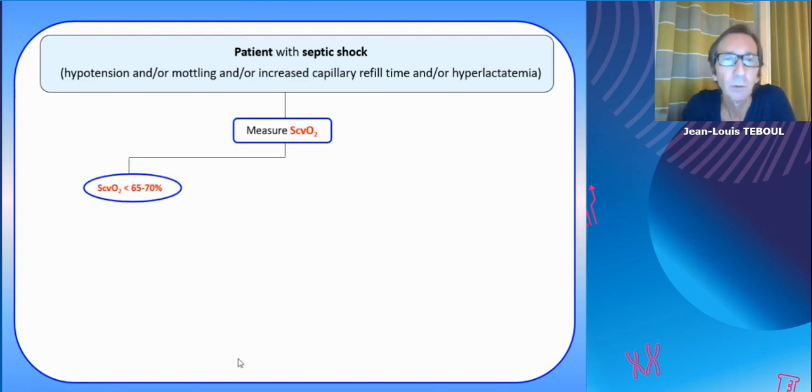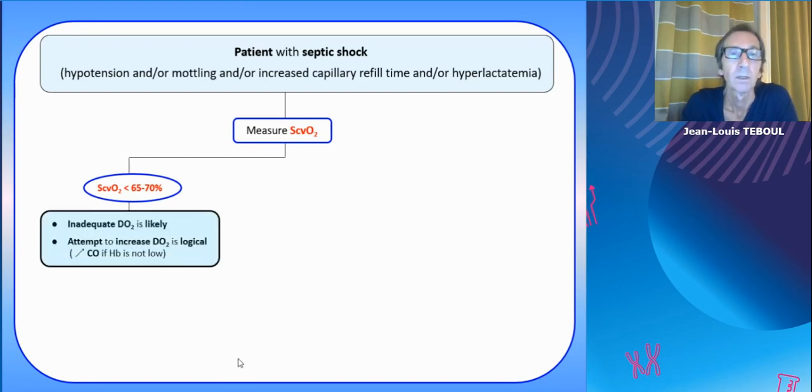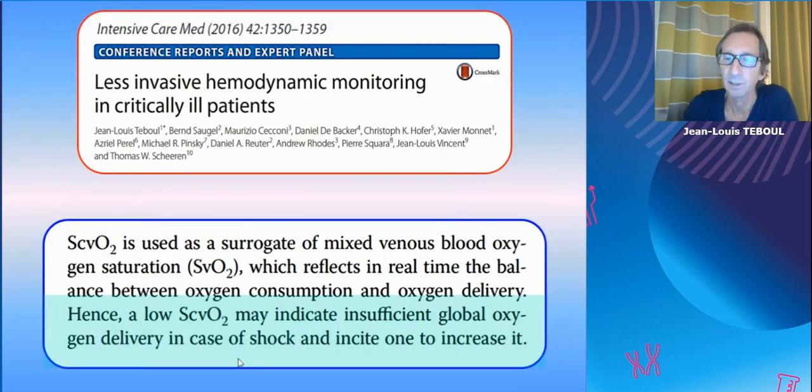If ScvO2 is less than 65–70%, inadequate oxygen delivery is likely, and an attempt to increase oxygen delivery is logical, mainly through an increase in cardiac output if hemoglobin concentration is not low. And this is why the experts of this expert panel paper recommend, in case of low ScvO2, to increase oxygen delivery.